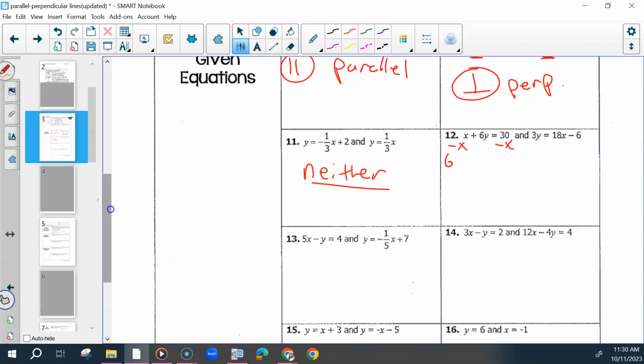So when we subtract our x, we're going to switch the order. And then divide everything by 6. So that y equals negative 1/6x plus 5.